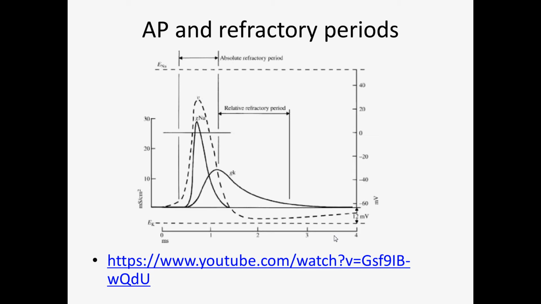One thing I want to stress is the existence of the refractory periods. Cells cannot spike, or generate a new action potential, during the absolute refractory period, no matter what. And if you poke hard enough during the relative refractory period, you can actually elicit another action potential from the cell.